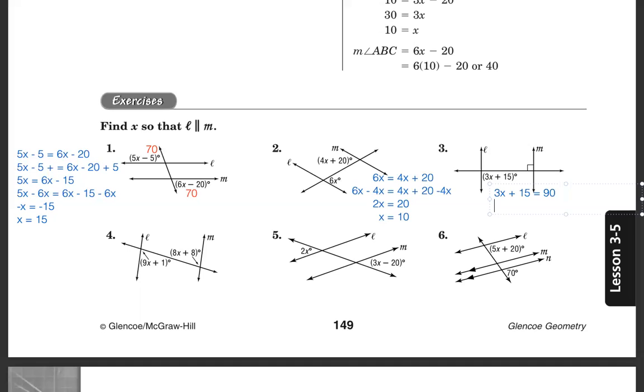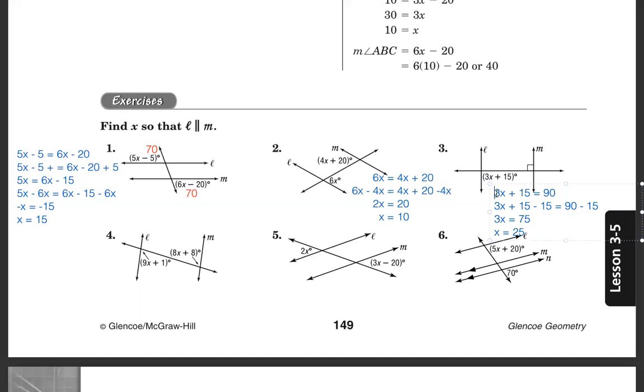Then minus 15 both sides, 3x plus 15 minus 15 equals 90 minus 15. So 3x is equal to 75. So x is equal to 25.